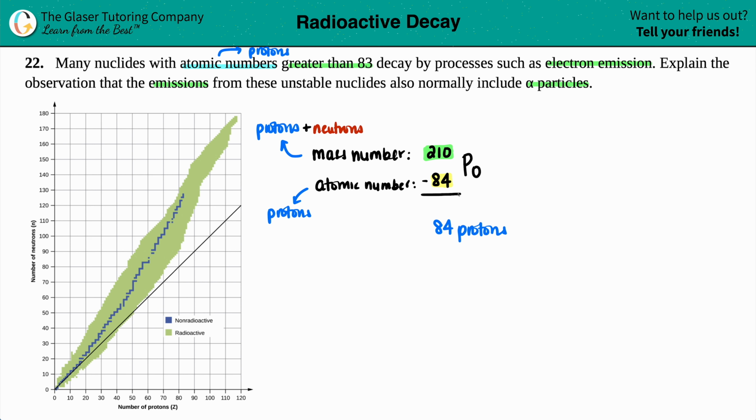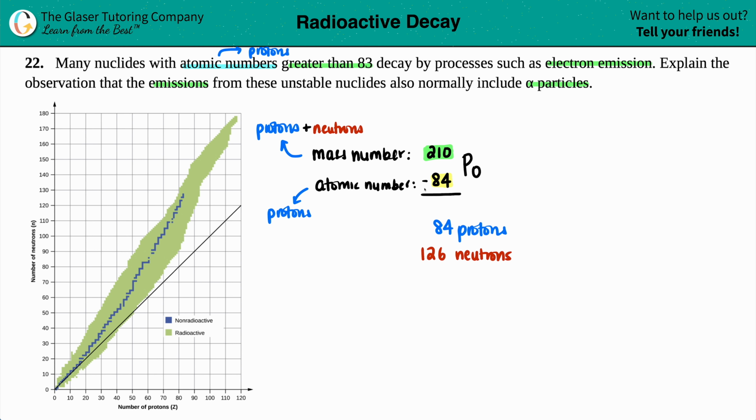Let's see. I do a little weird subtraction. 2 minus 0 is 2. 1 minus 8 is negative 7. And then 0 minus 4 is negative 4. Oh boy, this is a little bit crazy. So 20 minus 7 is 13, 30 minus 4 is 26. So I believe this is going to be 126. Did I make that way harder for myself?